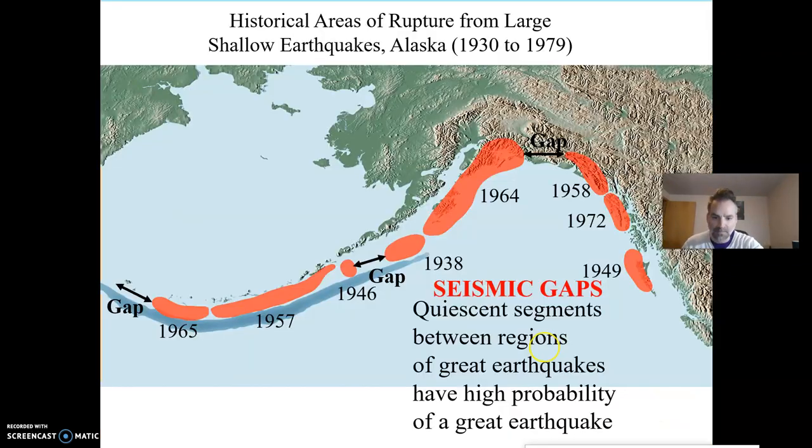Here is a map of the Aleutian Islands in Alaska, showing the historical areas of rupture from shallow earthquakes from 1930 to 1979. You can see these globs represent where most of the earthquake activity has occurred, and then there are these gaps.